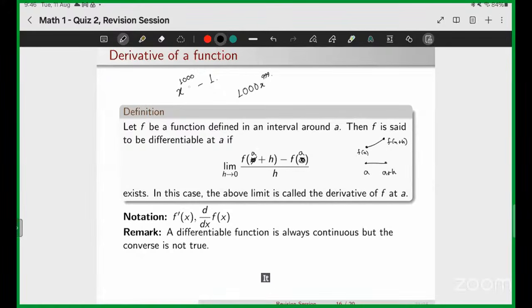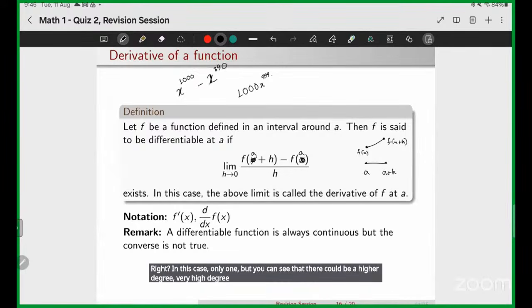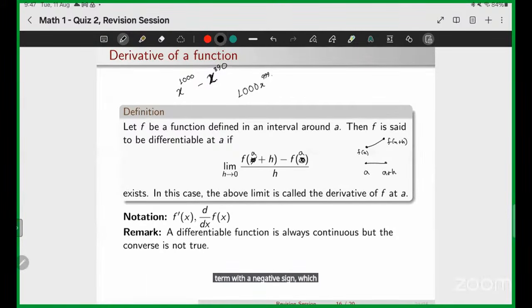It has a high rate of growth, but there are also critical points. In this case only one, but there could be a very high degree term with a negative sign, which will kill its growth. Eventually, this term will dominate. The nature of the graph will be as such, but it's not that the slope is high everywhere.